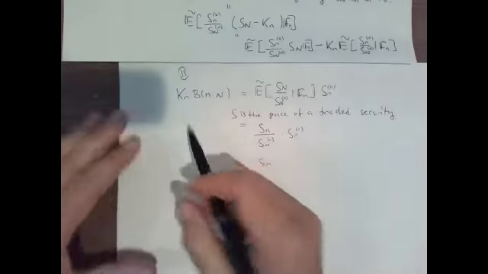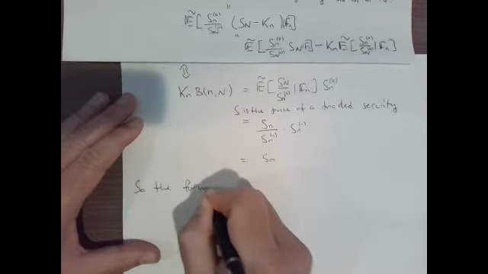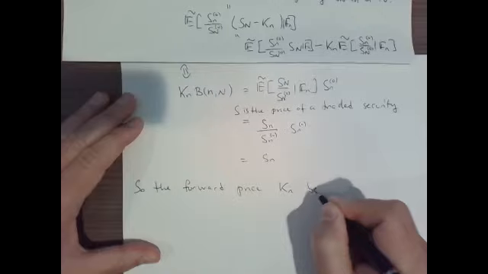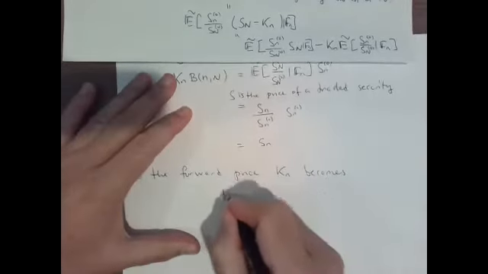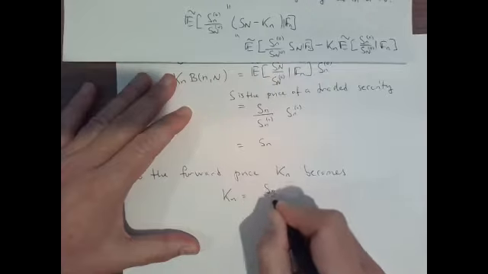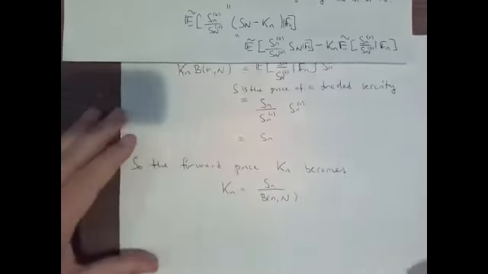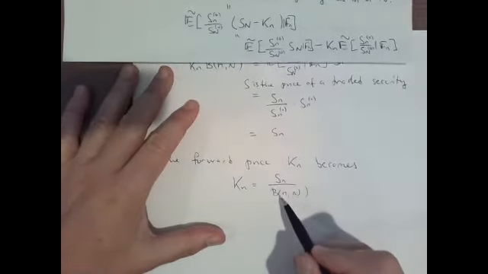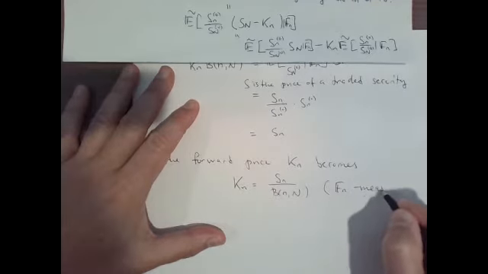And now we can solve. The forward becomes the forward price. There's a unique solution to this, and it's Sn divided by the zero coupon bond. And just a sanity check, this is Fn measurable, and this is Fn measurable. This is Fn measurable.